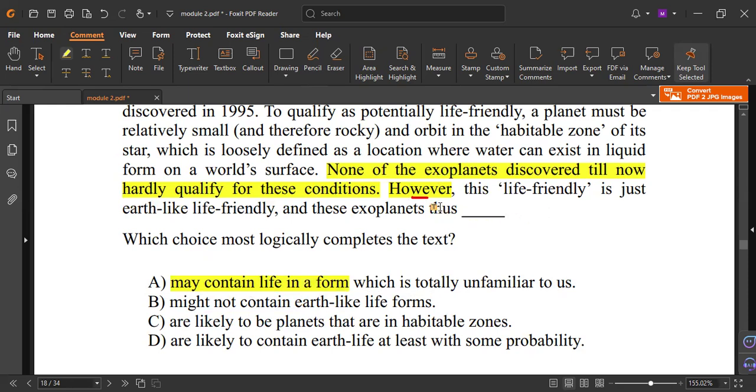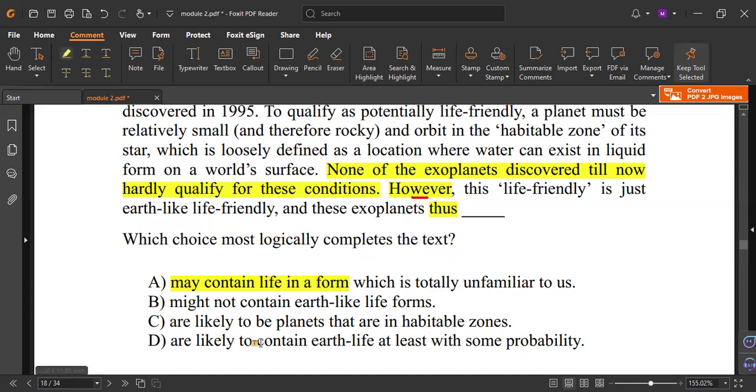And he used thus and thus to show cause and effect. So because of that, we can deduce, we can get information about it as a consequence. That's why if you make it B, it will not be opposite because you have however. So B is opposite. You feel it?